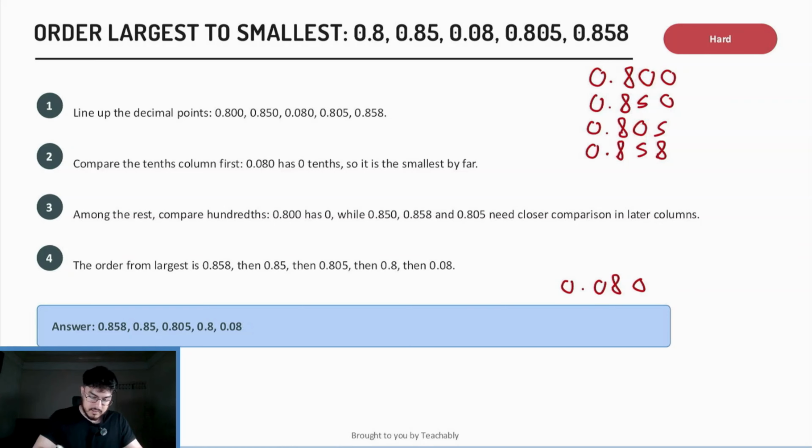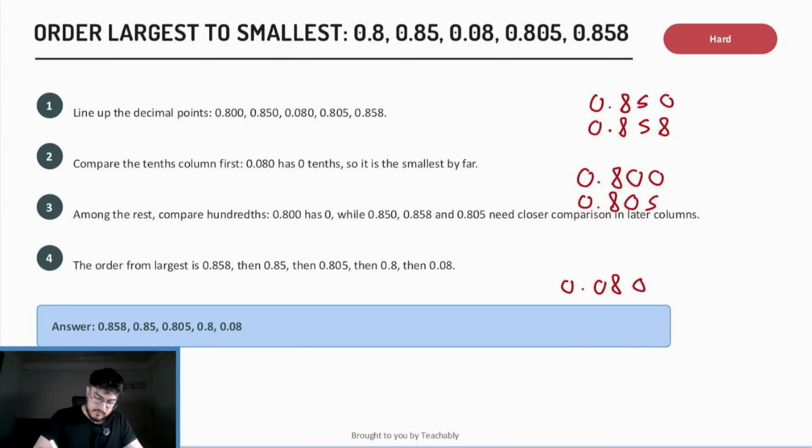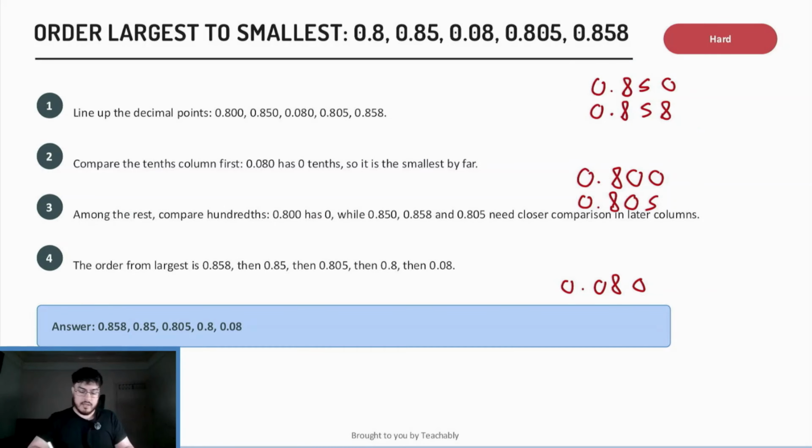So automatically we know that this goes to the bottom of the list and this goes to the bottom of the list, because we know no matter what, these are going to be larger than these. And so now I want to look at these and see which is larger than the other, and then we want to look at this and see which is larger than the other.